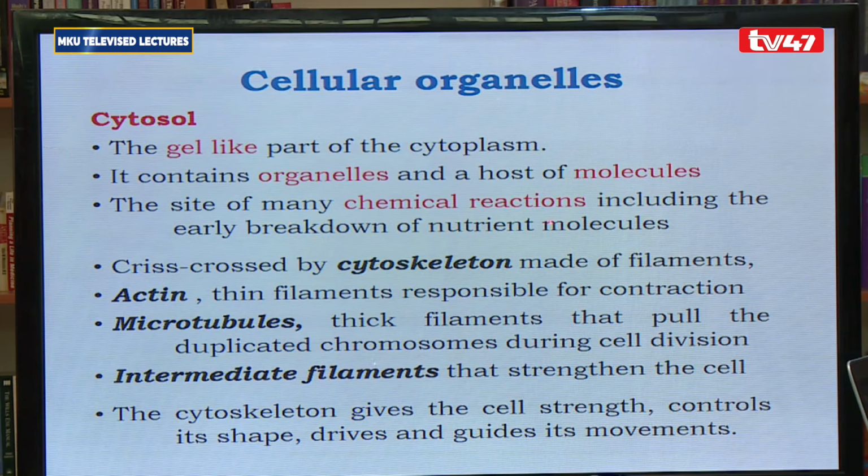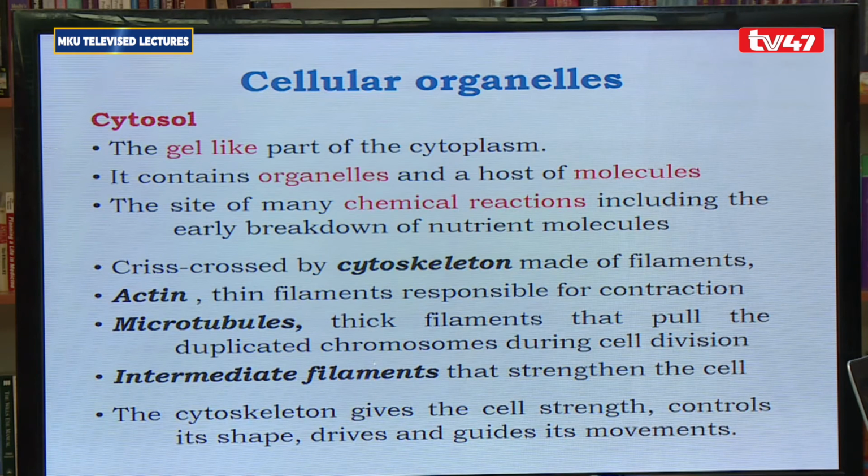It is a site for chemical reactions, including the early breakdown of nutrients. When nutrients are taken in, most of the time they're in a complex form, and they have to be broken down into simpler forms so that the various organelles can begin to utilize the components that the nutrient has brought into the cell. So in the cytosol, some early breakdown of the nutrients happens.